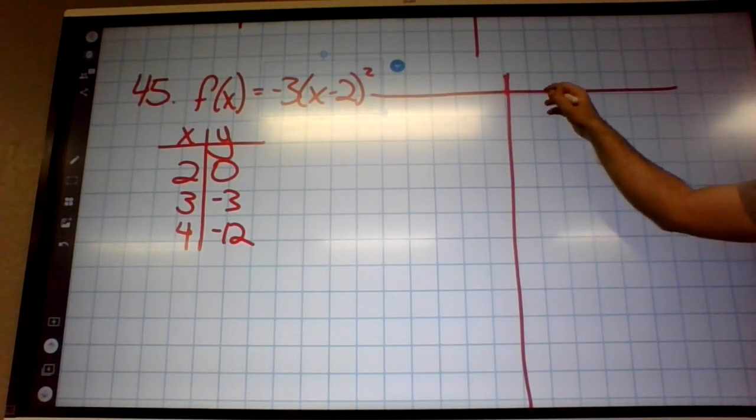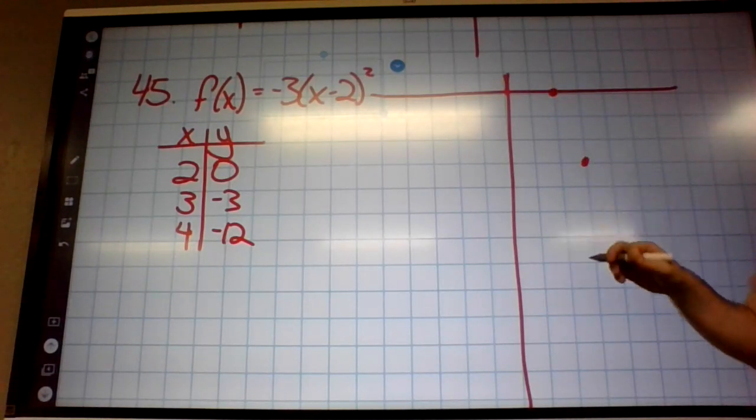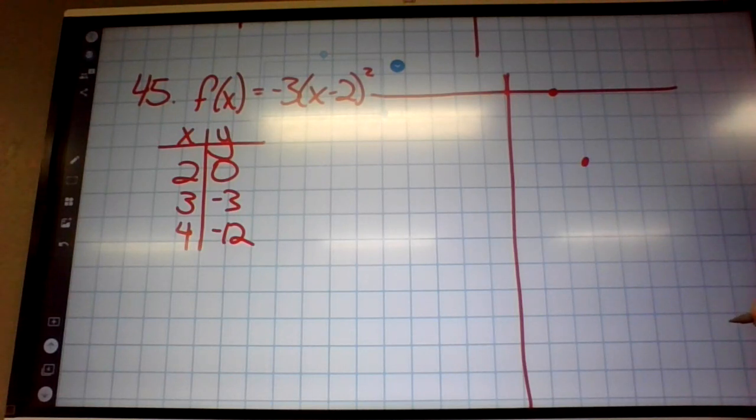So 2, 0, 3, -3. Barely squeezed it on there. 4, -12.